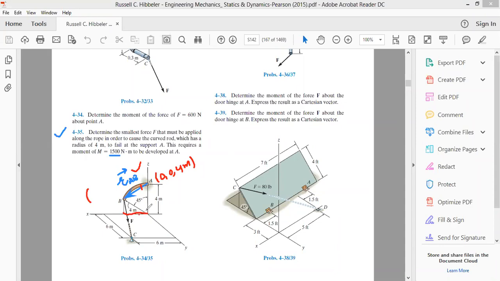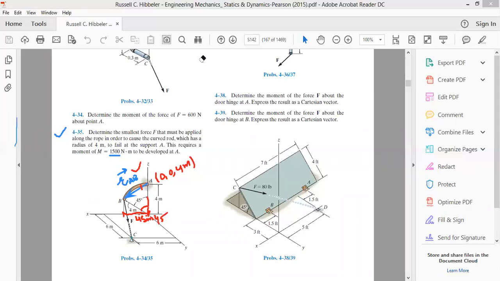Since the radius is 4, this distance will be equal to 4 sine of 45 degree, and this distance from here to here will be 4 cos of 45.